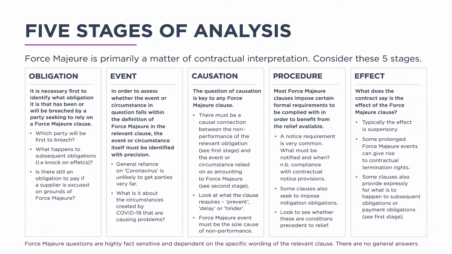And I think as a matter of causation, that's potentially quite a difficult argument, or at least a potentially problematic argument that may unravel when we try to draw the clear connection that we need between obligation and event, because what is probably the case is that it's not COVID-19 itself that is causing parties to be unable to perform their obligations, but the consequential circumstances surrounding it. So, as I say, never more important than in the current situation.